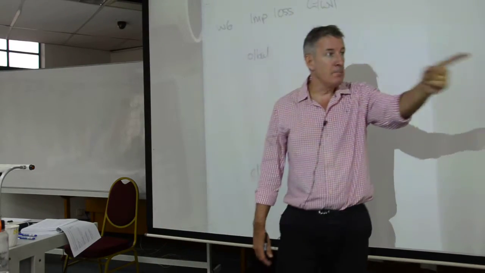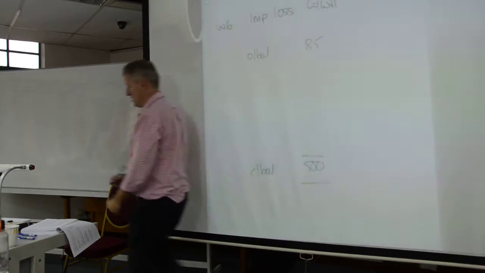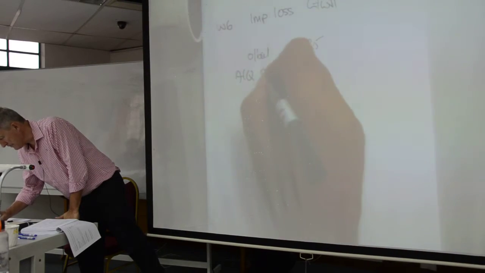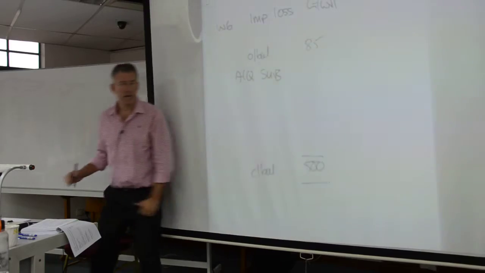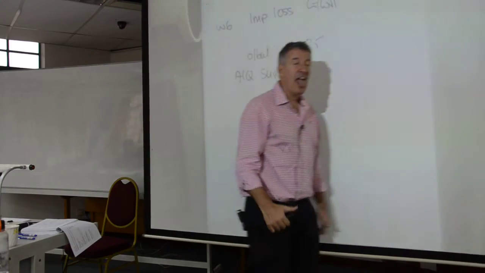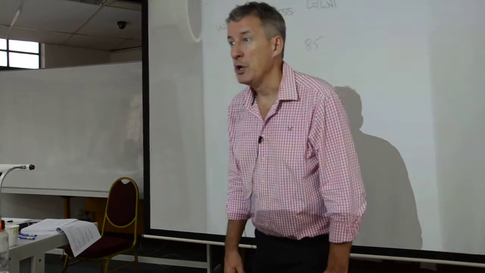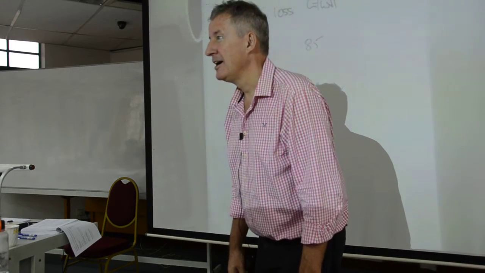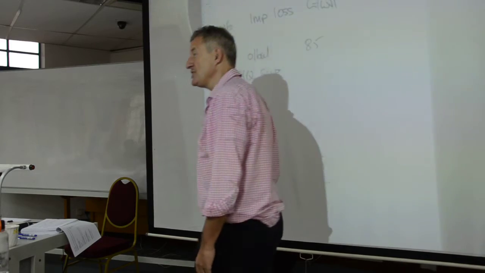Subsidiary. I bought a new subsidiary. One reason why goodwill has gone up is because I have bought a new subsidiary. Why else has goodwill gone up? Yes, you've got an overseas sub.